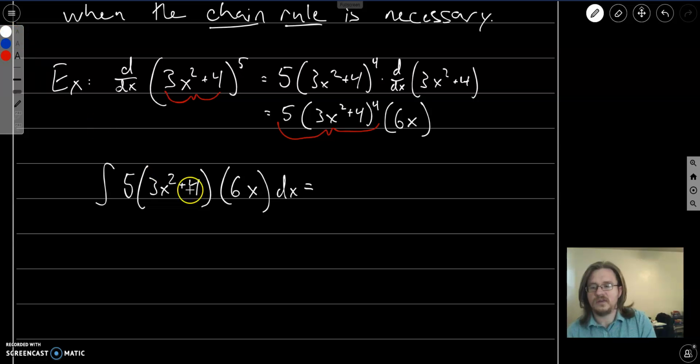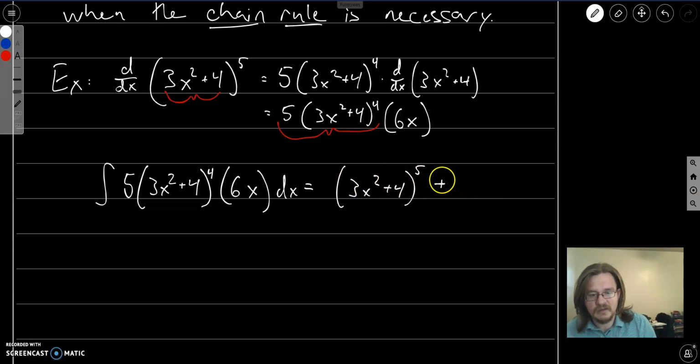when we look at taking the antiderivative of this guy, we know that the antiderivative and the derivative undo one another. We would just get back our original function. So the antiderivative of (3x squared plus 4) to the 4th power times 6x is going to be (3x squared plus 4) all raised to the 5th power plus c.